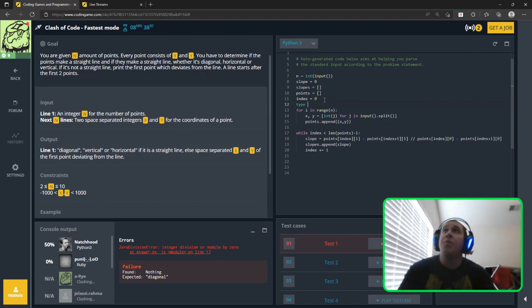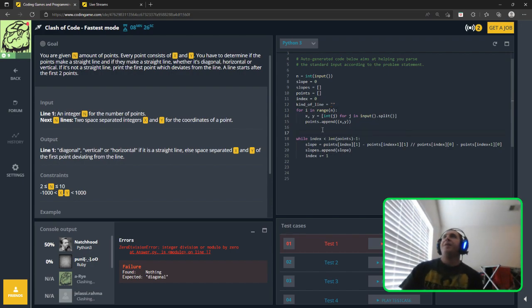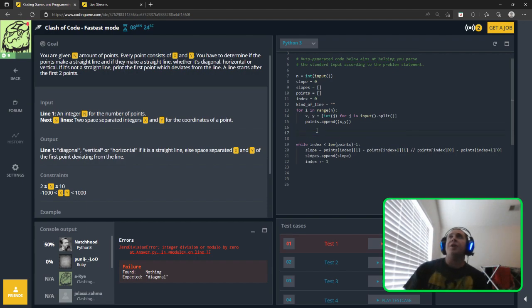Type, oh no, reserve word. Kind of line. There we go. Okay, so I'm thinking we could check the very first slope and whether or not it is one of those types of slopes.